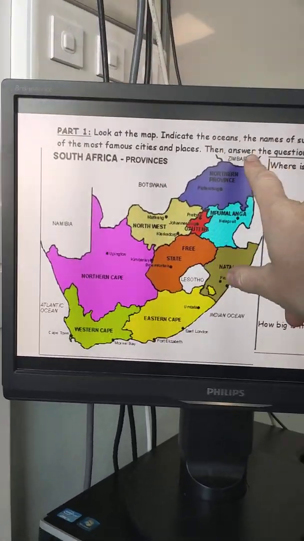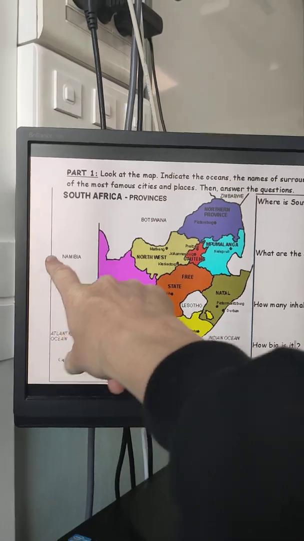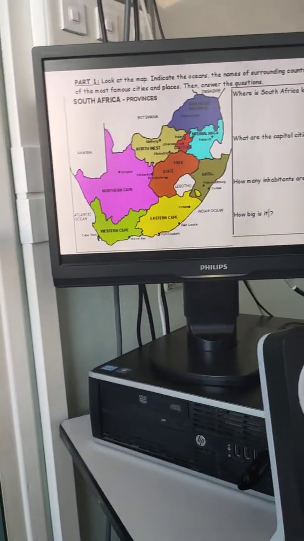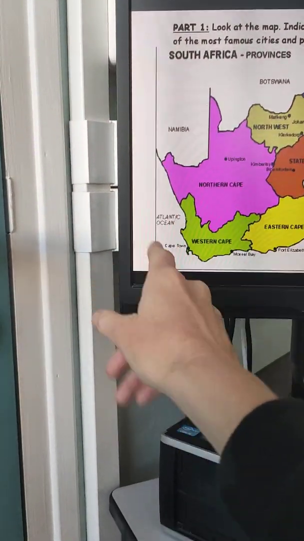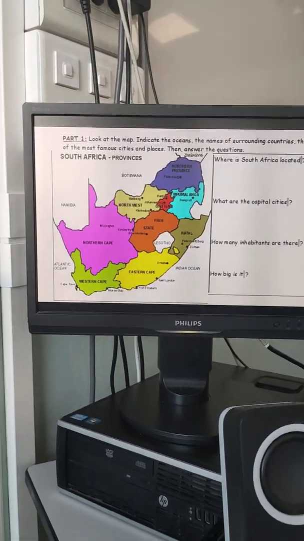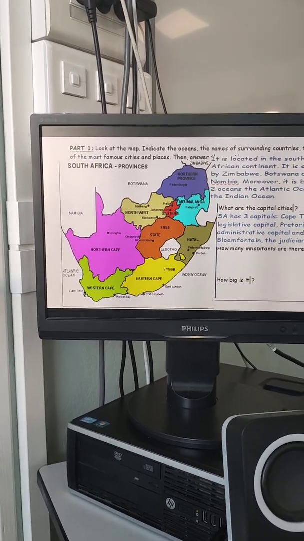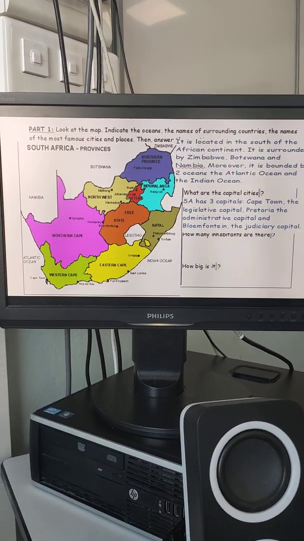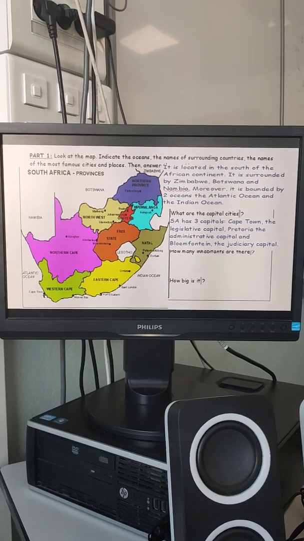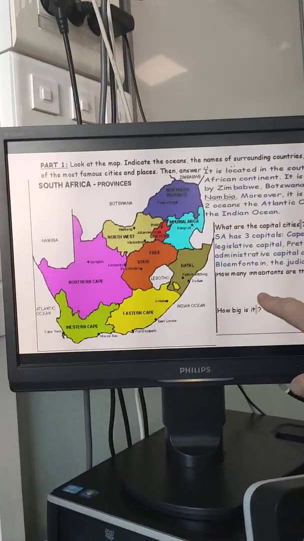South Africa is surrounded by Zimbabwe, Botswana, Namibia, and on the left, the Atlantic Ocean, and on the right, the Indian Ocean, okay?